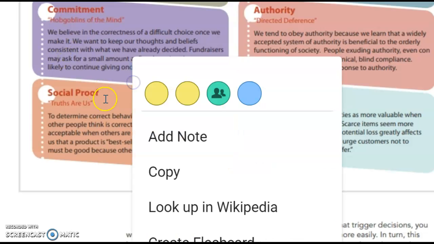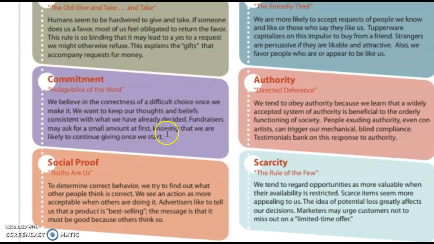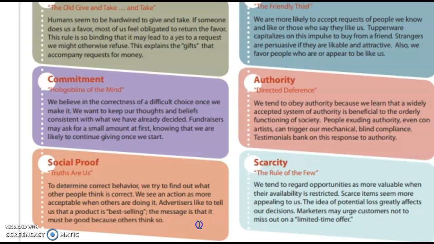And I like the example it gives in the book about fundraisers. They may ask for a small amount at first, knowing that we're likely to continue giving once we start. Social proof. Actions are more acceptable to us when others are doing it. And the example here is advertisers like to sell us the product that is best selling, because this message is saying that it must be good because others think so.